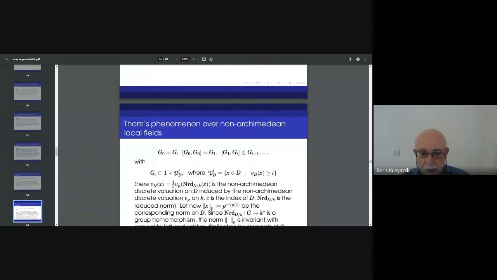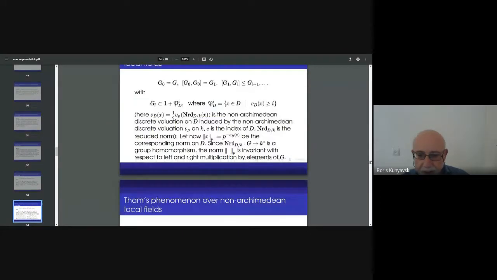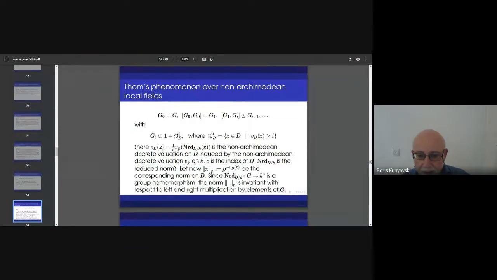Let me make this more precise. So we have this norm, the p-adic norm, which is induced by the p-adic valuation. Once again, I do it quickly because I'm not sure that all people here are aware of the details of non-Archimedean analysis, but just to give you a certain flavor of things here. So this norm is invariant with respect to multiplication.